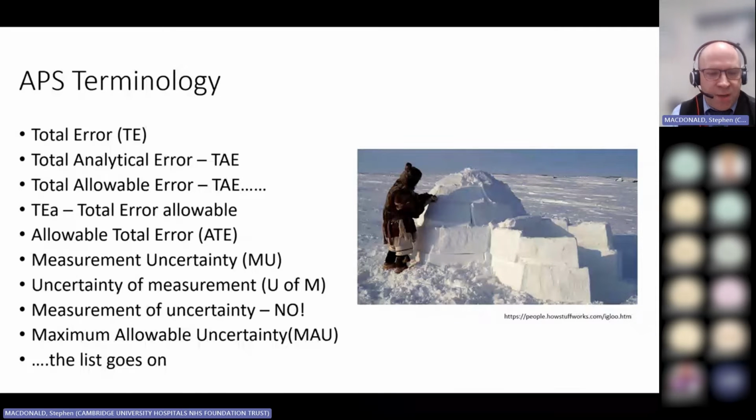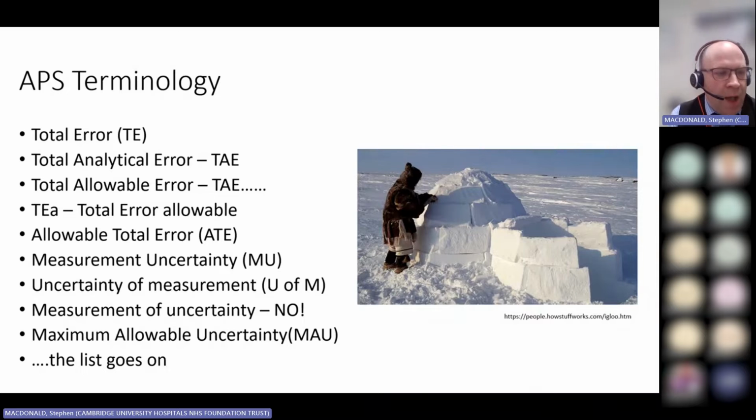But time passes, and as time goes on, lots and lots of other terminologies have been introduced into the language that we have. Not quite to the extent of the number of different words for snow that the Inuits have, but you can see on the left-hand side here, there is a long list of what are effectively analytical performance specifications, APSs, which are termed in various different ways similarly.